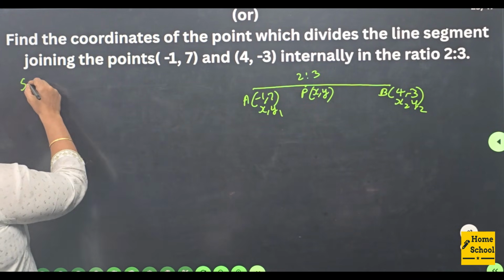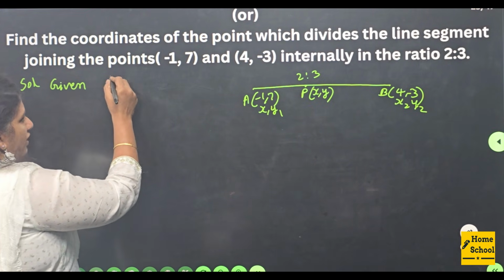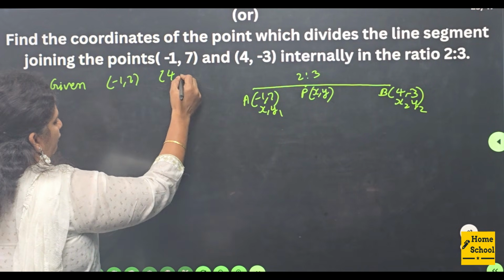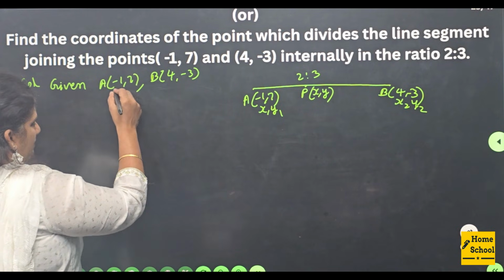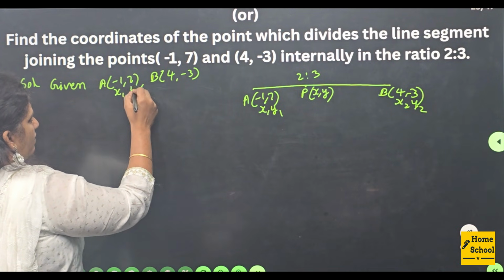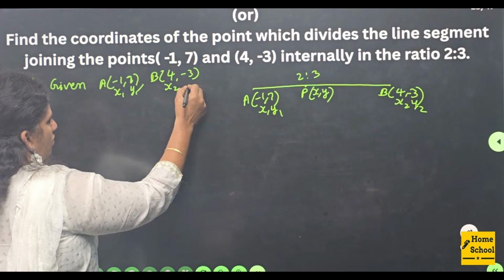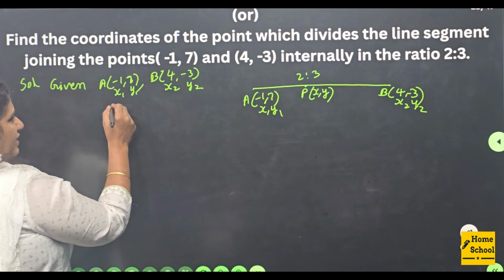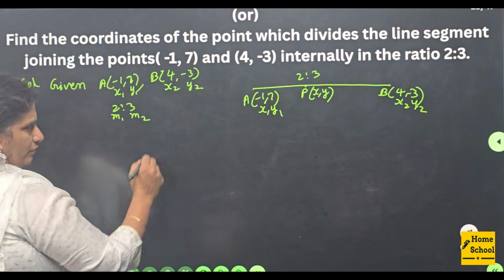So, given the line segment joining coordinates minus 1 comma 7 and 4 comma minus 3, I have assumed them as A and B. This is x1, y1, x2, y2. And the line segment is divided in the ratio 2:3, meaning m1, m2.